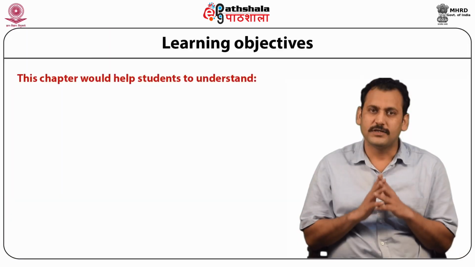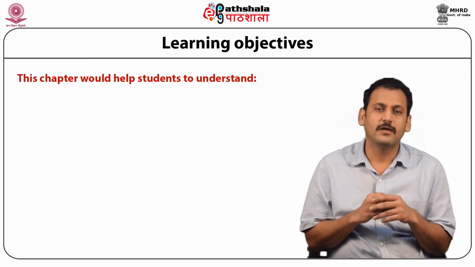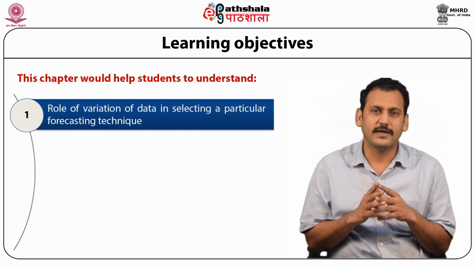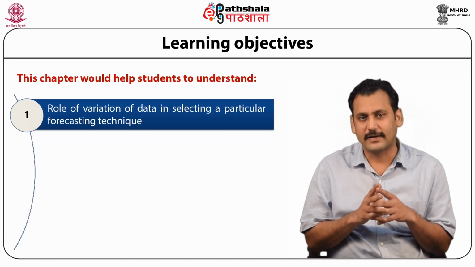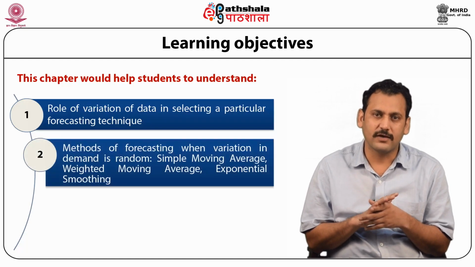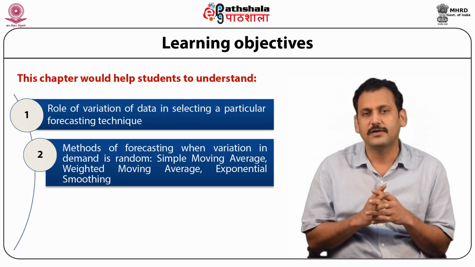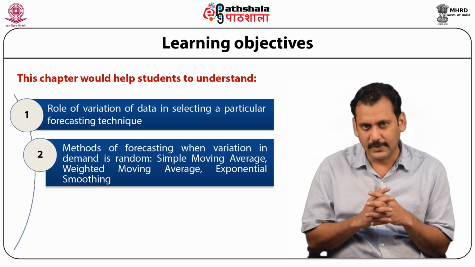Today we are going to talk on module time series methods of forecasting from paper operations management. This chapter would help students to understand firstly, role of variation of data in selecting a particular forecasting technique. Secondly, methods of forecasting when variation in demand is random, like simple moving average, weighted moving average, and exponential smoothing.